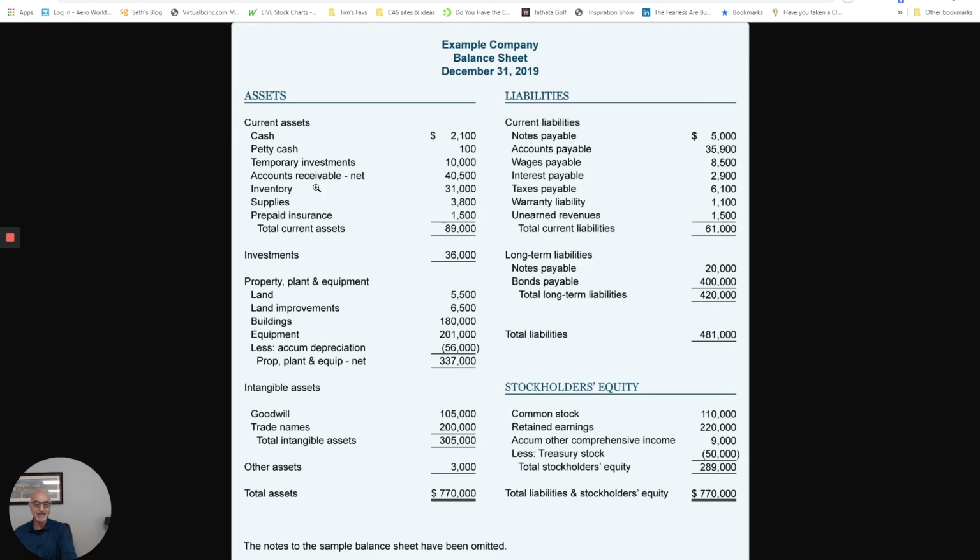So what are the key components of the balance sheet that you need to manage? For most small businesses, on the asset side, in the current assets, it's two accounts, your accounts receivable and your inventory. If those are mismanaged, they have a huge impact on cash flow.